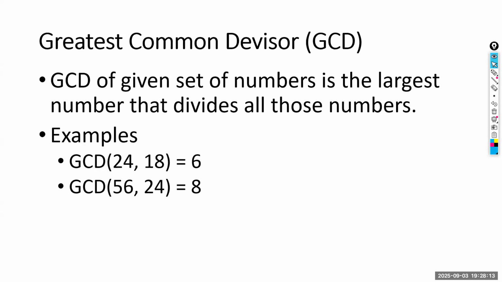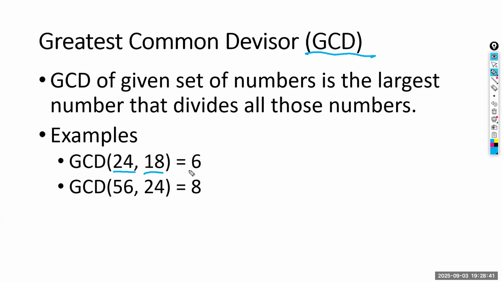The next concept that we use in asymmetric key cryptography is the concept of GCD. Again, we have discussed this in semester 1 maths, fundamentals of maths. GCD, greatest common divisor, is the biggest number that divides the given numbers.